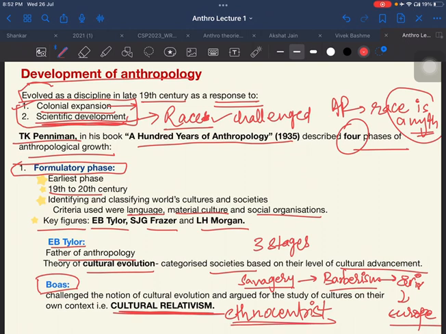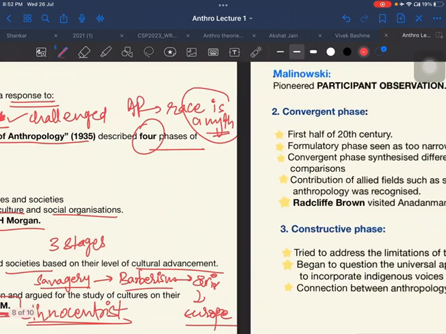Ethnocentrism means taking our culture, making it the standard for measuring the practices of other cultures, and then if they do not match, judging them as inferior. But this is not good. Cultural relativism says that every society has its own particular type of situation, circumstances, needs, and hence they have different cultural practices. So they should not be judged only from the perspective of some one culture. Okay, am I clear till here? So let us move on.